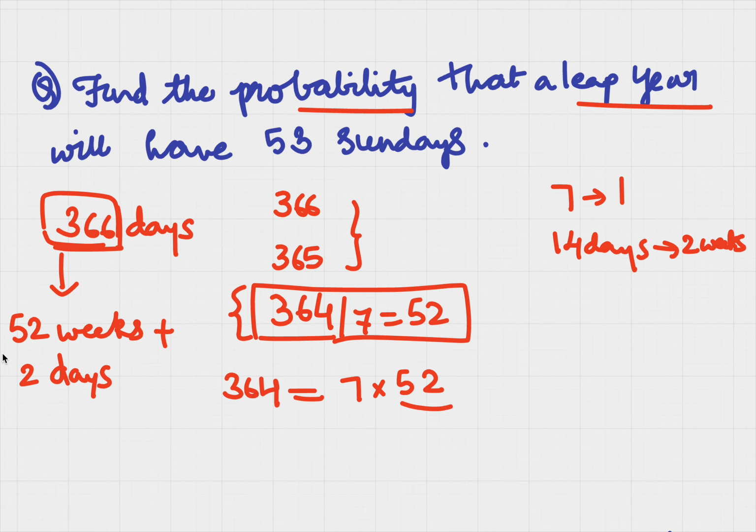Now, these 52 weeks have 52 Sundays, Mondays, Tuesdays. So 52 weeks have 52 Sundays.